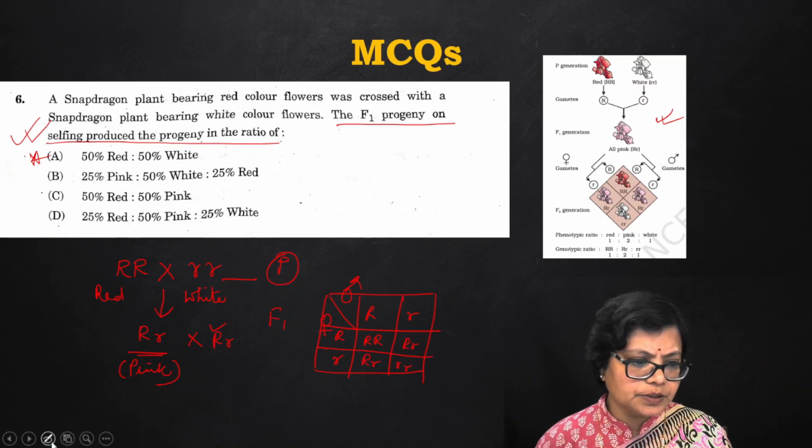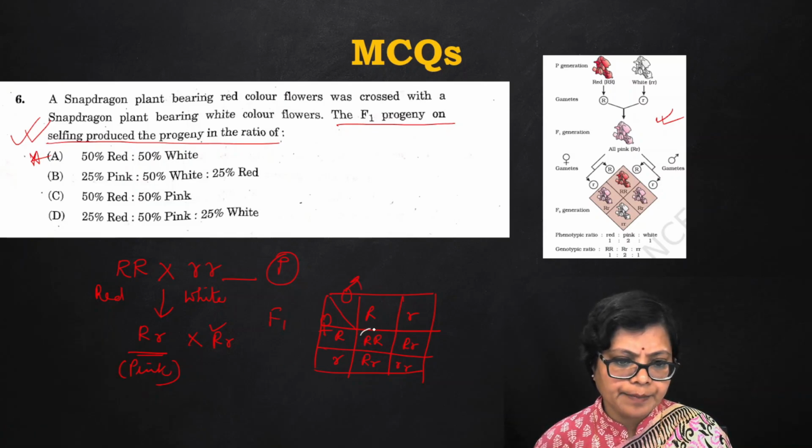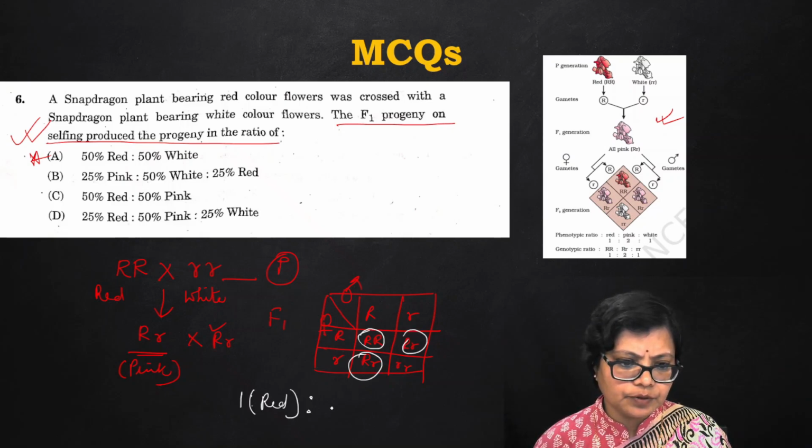So now here you see the condition. Capital R capital R, that is 1 in number, will be red, to capital R small r, that will be 2, that is pink.